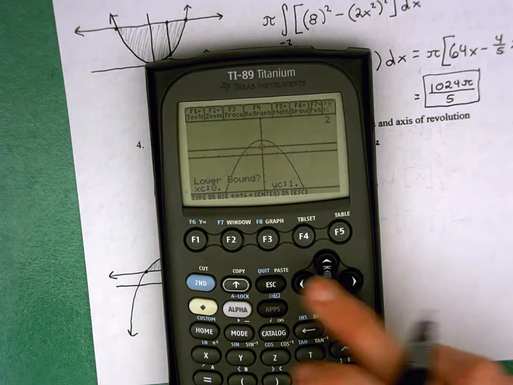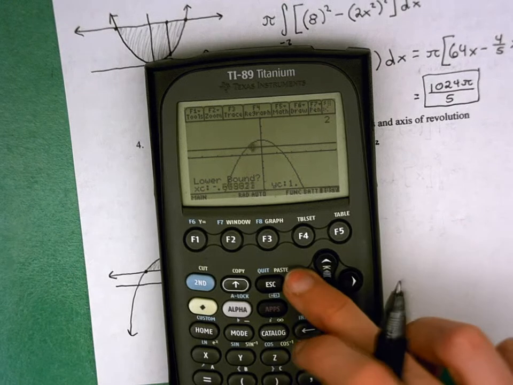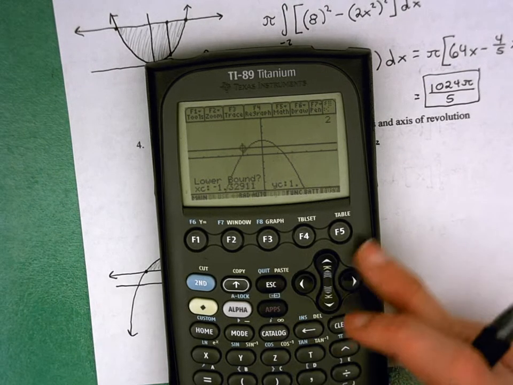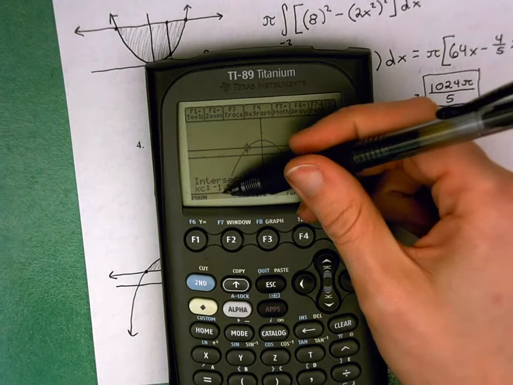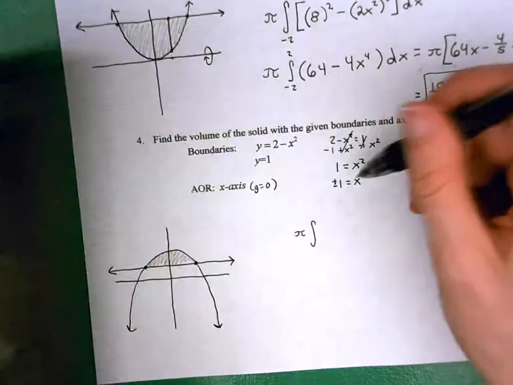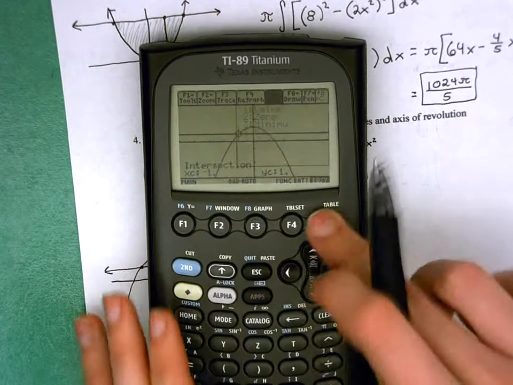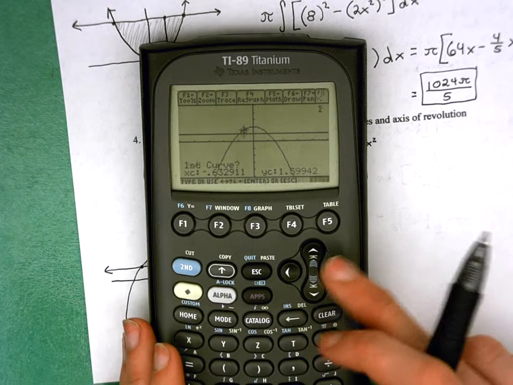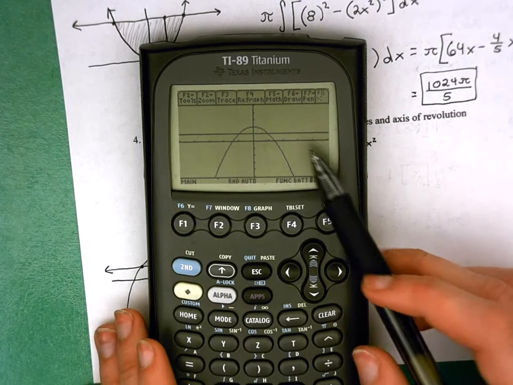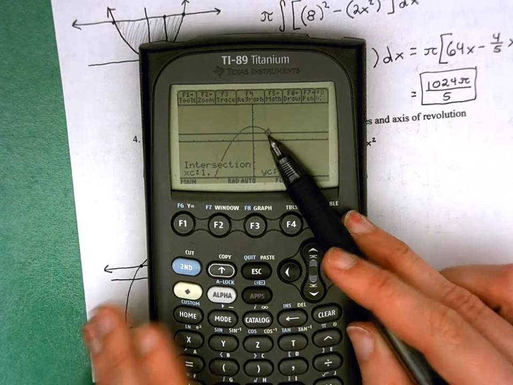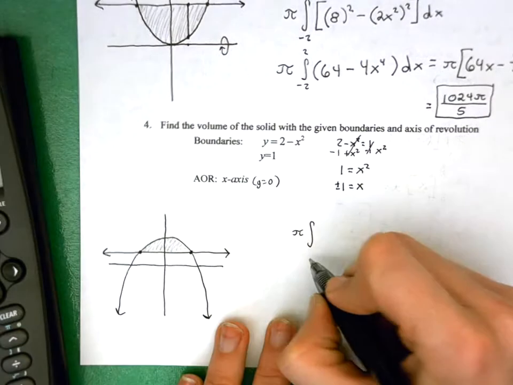And lower bound, they're going to want to know something to the left of the intersection point, something to the right of the intersection point. And so our intersection point is at -1, which confirms what we found. Intersection, same thing, first curve, second curve, lower bound, upper bound. And we get 1, which again confirms what we found. So we know our bounds are -1 to 1.